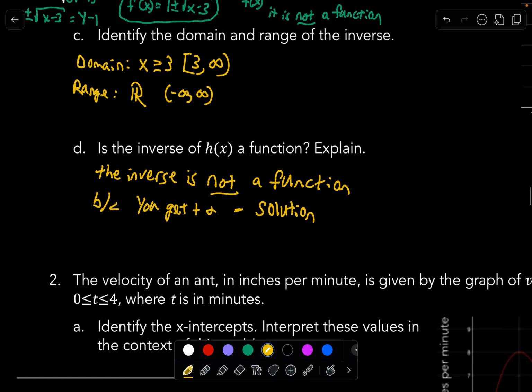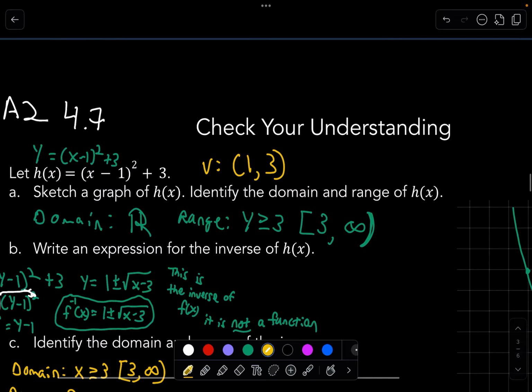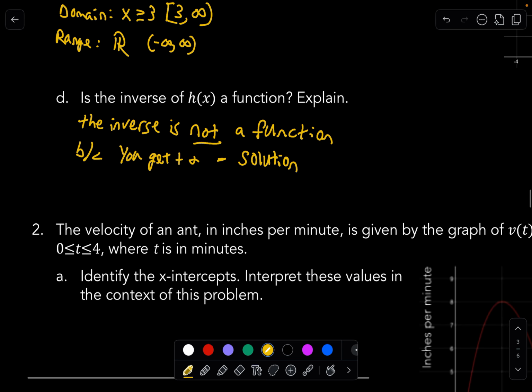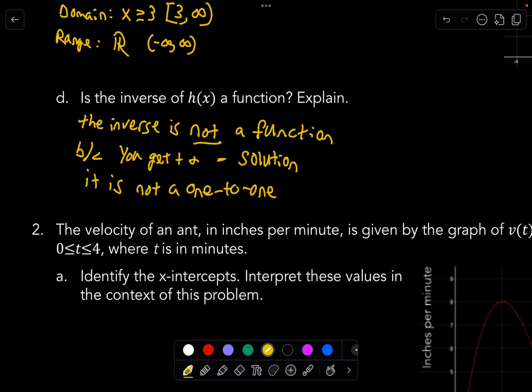You could also have said, because the original graph up here is not 1-to-1. It doesn't pass the horizontal line test. It is not a 1-to-1 function.